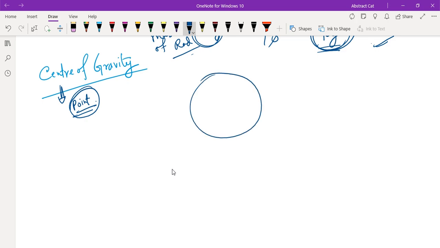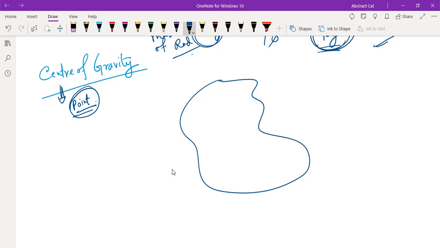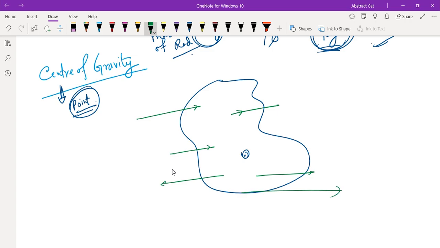Suppose it is not a circular object, but an abstract shape, and the center of gravity is here. Now apply some force here, and some here, and some here. Each force has a perpendicular distance, and that gives a moment. Some moments are plus, some are minus, so they cancel each other.